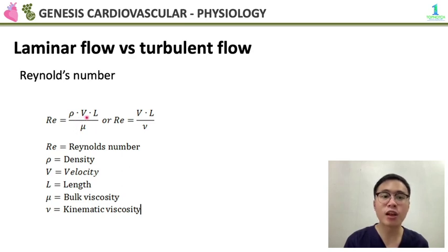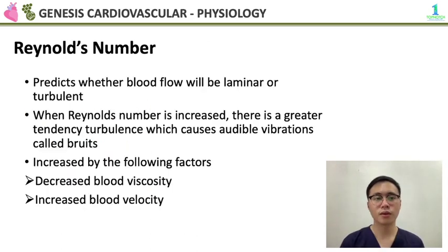The big V is velocity, and then the length, all over the bulk viscosity. Okay? And then, another relationship would be that Reynolds number is equal to the velocity times the length all over the kinematic viscosity. Okay, so directly proportional to the velocity, inversely related to the viscosity. Okay, so don't be confused.